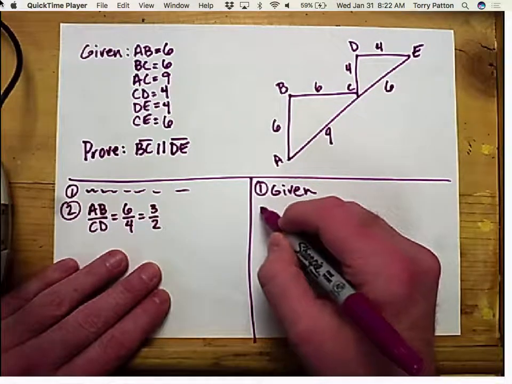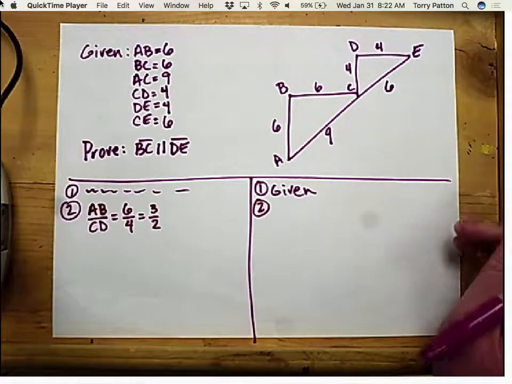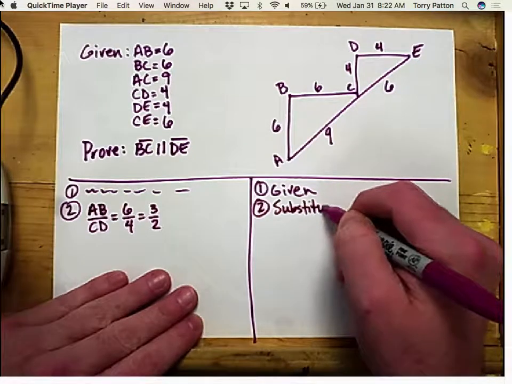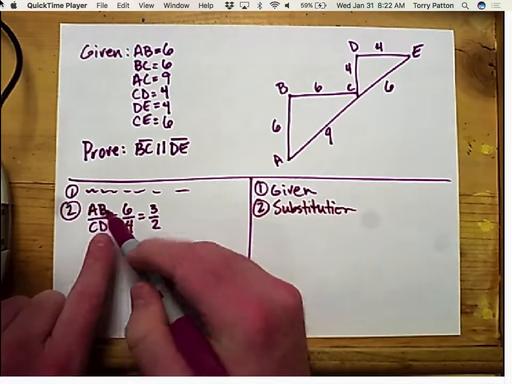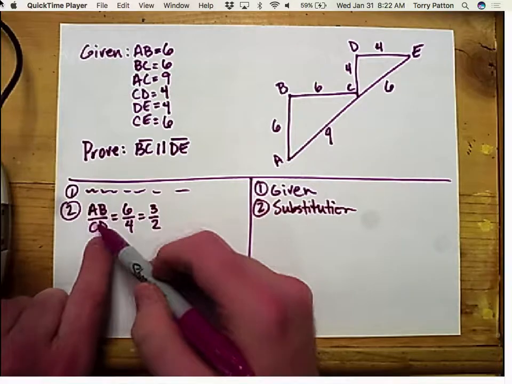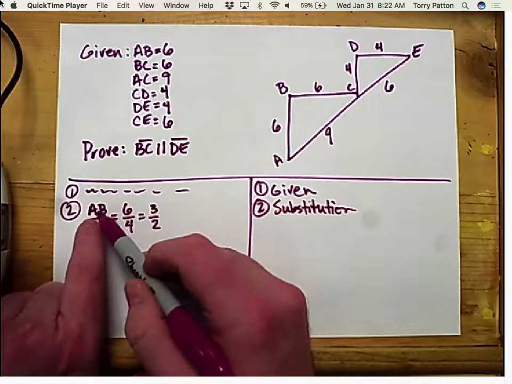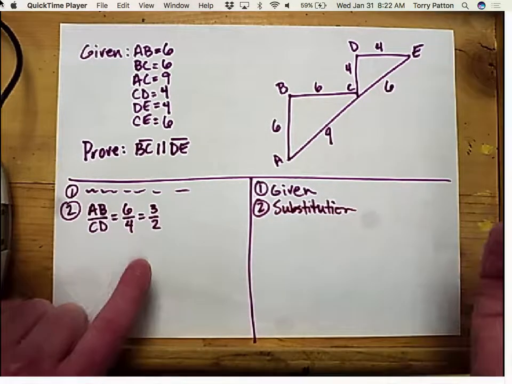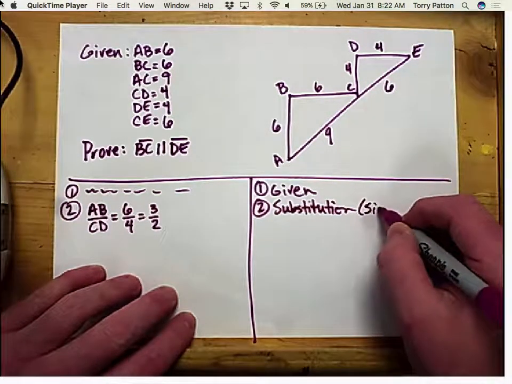And that is just substitution. Because all we did was, I gave you this, we wanted to find that. We plugged in 6 for AB and 4 for CD, right? And then you could also say simplify too.